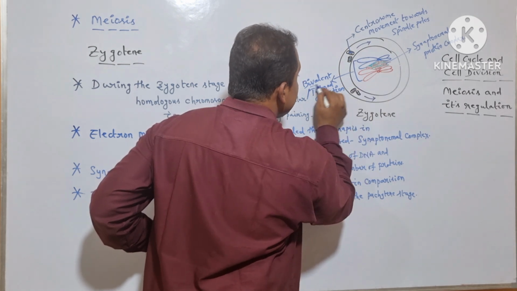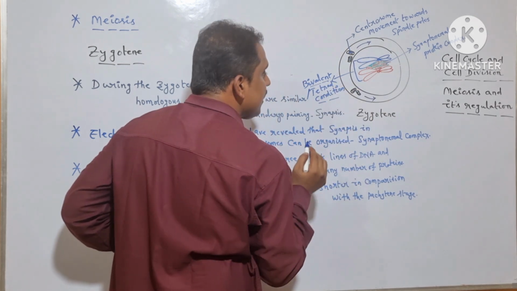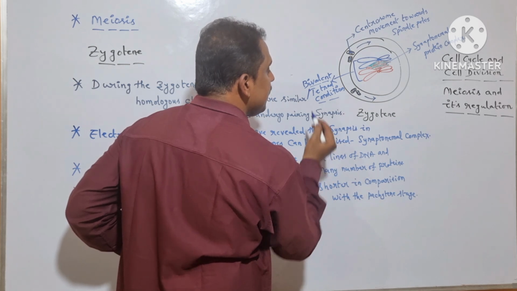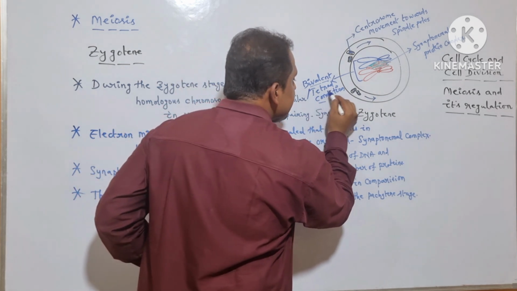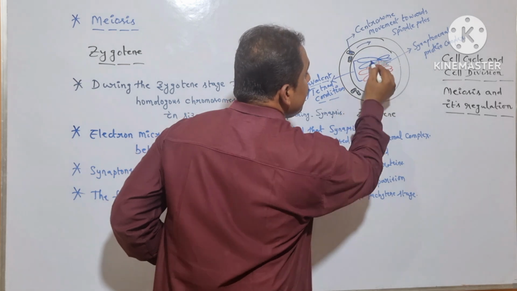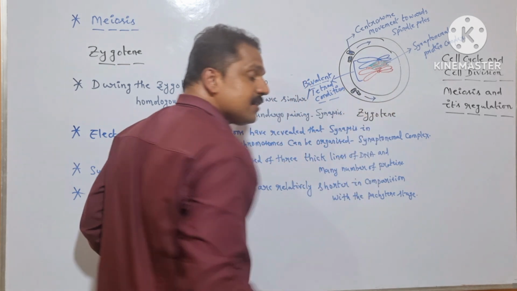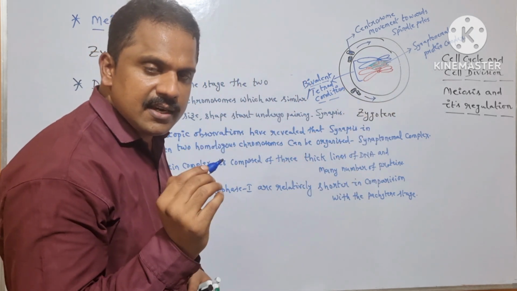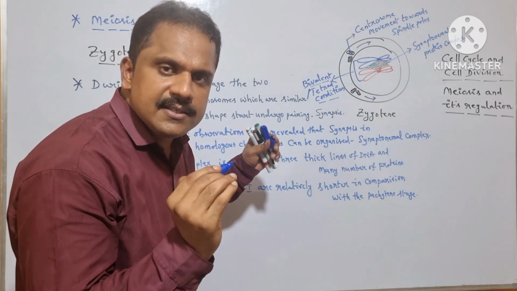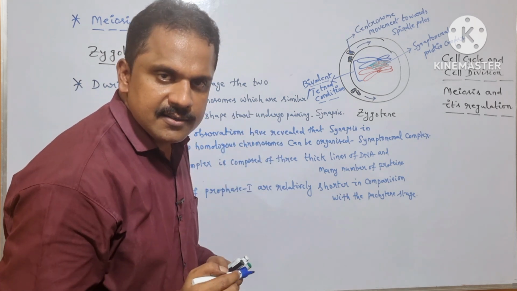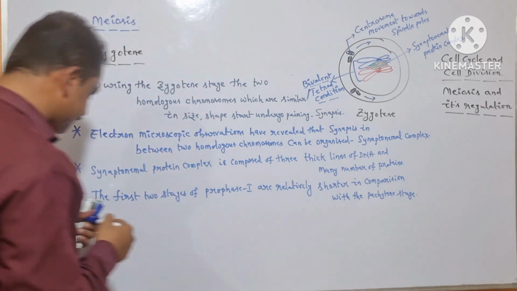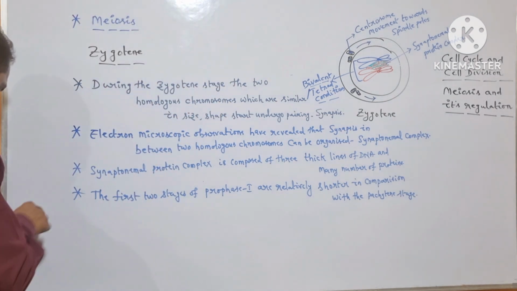And why is it termed as tetrad condition? Because the two chromosomes have four sister chromatids. So that is the reason why the specific condition is termed as bivalent condition or tetrad condition. Is it clear? So let me write it here.